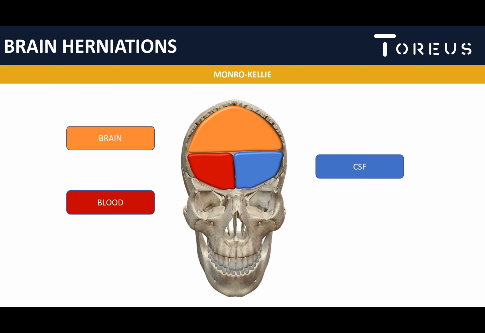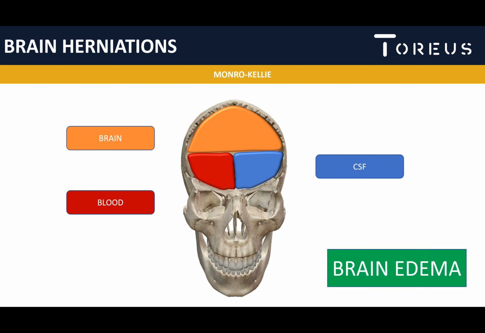So the cranium and its constituents create a state of volume equilibrium, such that any increase in volume of one of these cranial constituents must be compensated by a decrease in volume of another one.